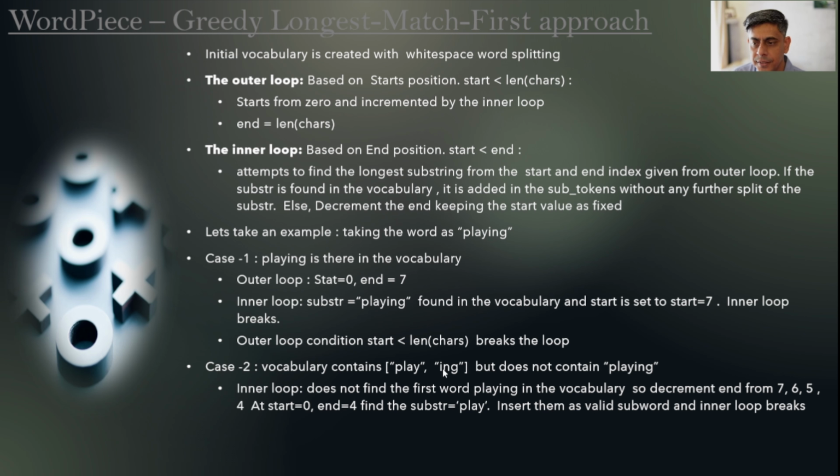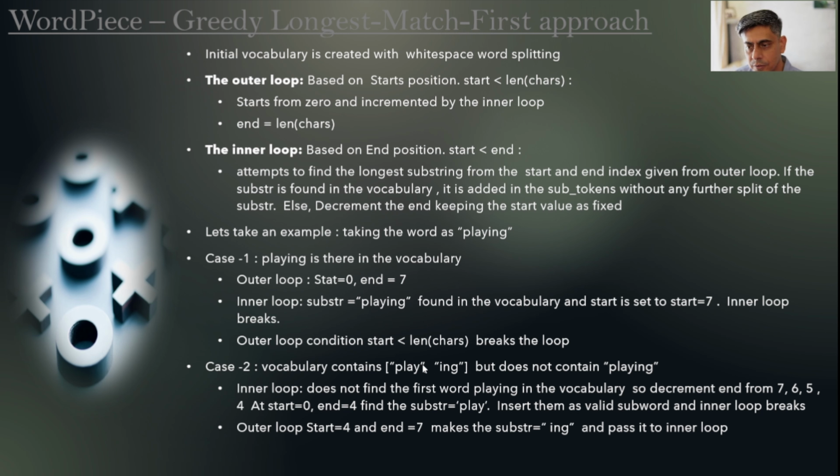So you are moving the end index in from the right-hand side. The moment it finds play as a word in the vocabulary, it breaks. Second, it starts from this point, offsetting the previously found play at 4. Starting from here and going to ing, it finds ing in the vocabulary, and it ends. So that's basically how it is creating subwords from a word, right?